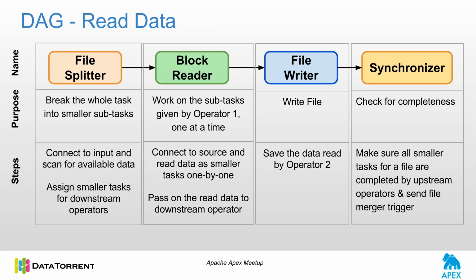It will save it somewhere onto the local HDFS and tell the synchronizer that this block is available with me. The synchronizer will check for that file. If all the blocks are there on the disk, it will say fine, I have that data with me locally. Now please go ahead and recreate the file.